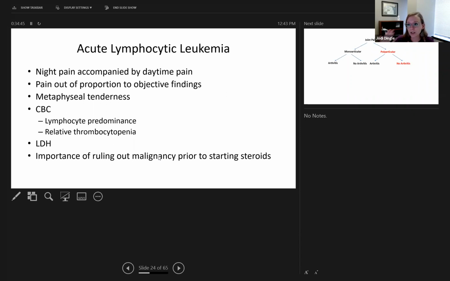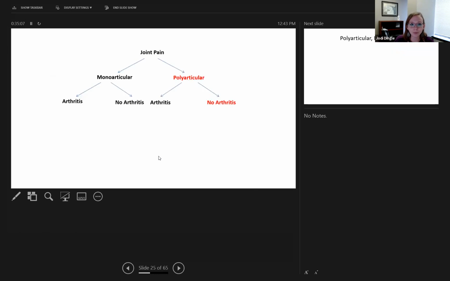And of course, this is a reason why it is not the best idea, if you have someone with joint pain, to just say, oh, let's trial some steroids and see how it does. Because if you give patients with ALL steroids, it has the possibility of putting them in that higher risk treatment category if they've been on steroids prior to starting their chemo.